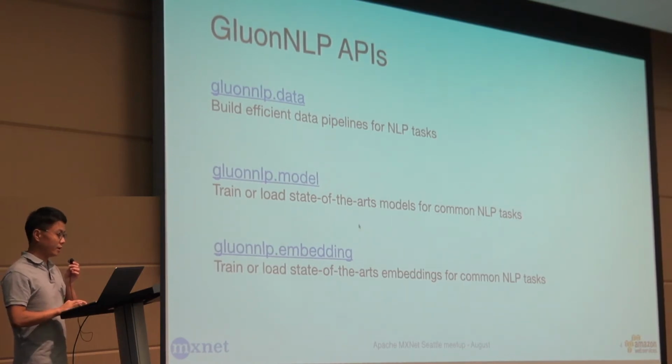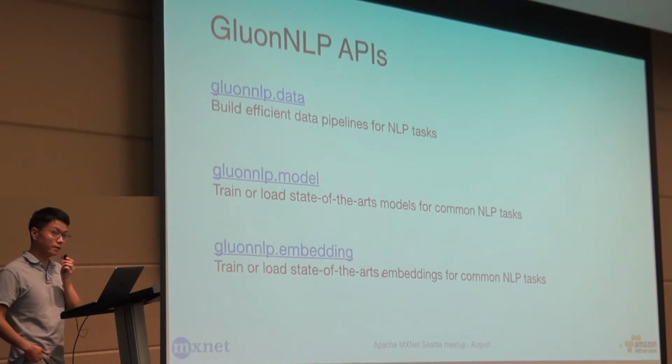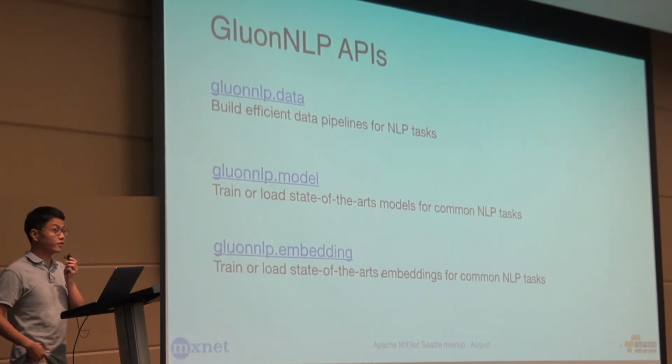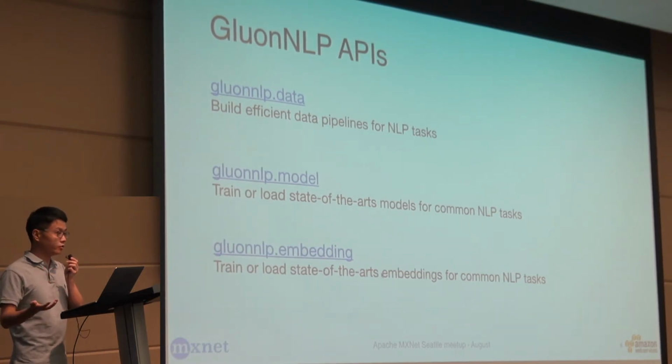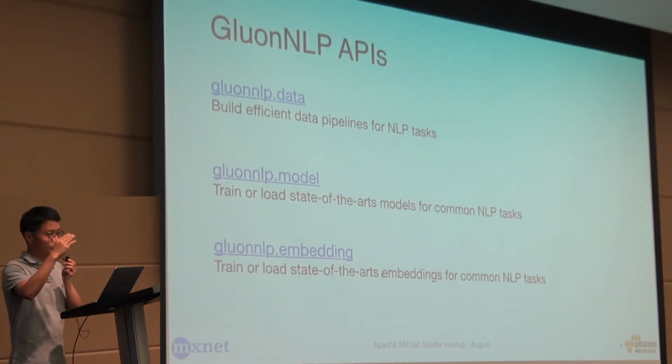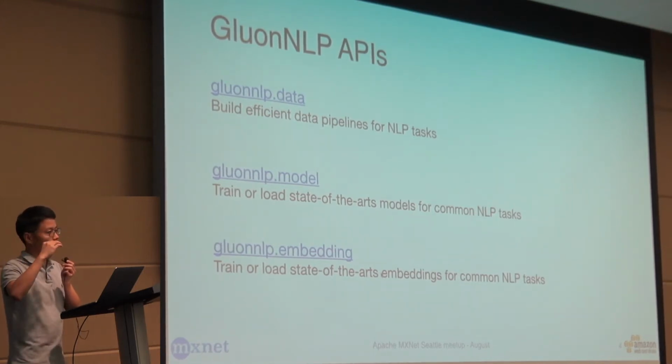Finally, I want to cover a little bit about embedding. Embedding is very general and usable, so it can be applied to many tasks, like high-level tasks or low-level NLP tasks, or even some recommendation tasks.